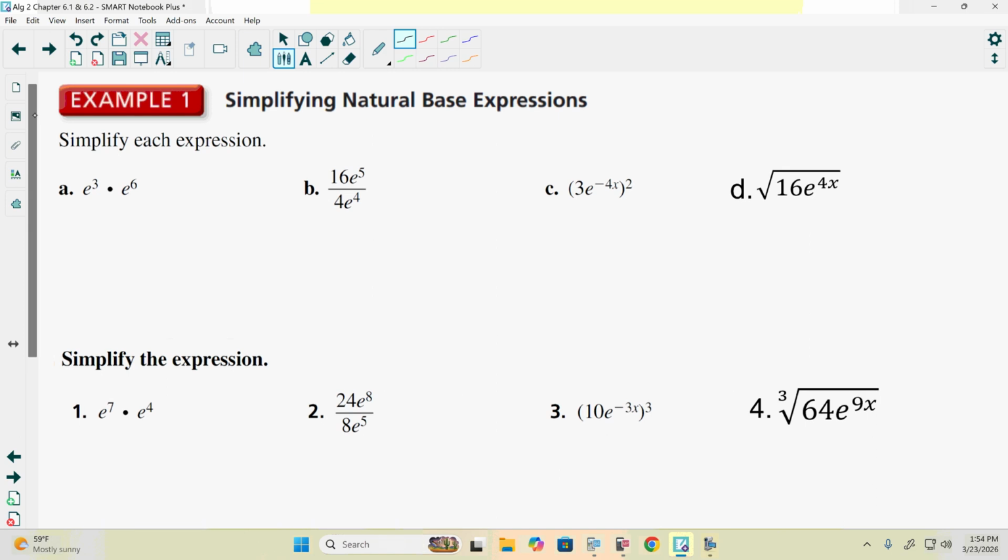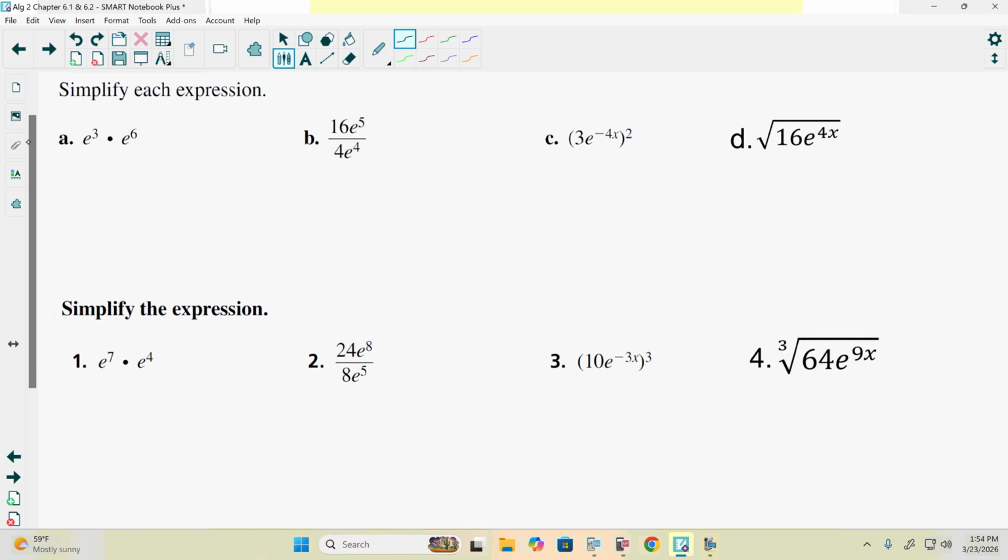Such as if I had e to the 3rd times e to the 6th, it would be e to the 9th, because when we multiply like bases, we add the exponents. Now, for the most part, e is going to have a little bit of a variation because it is a non-repeating, non-terminating decimal.